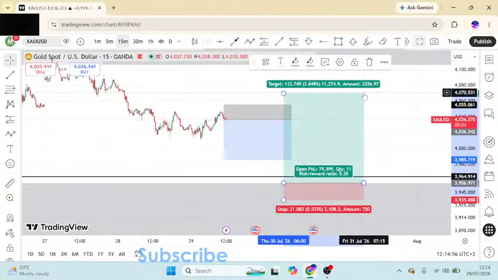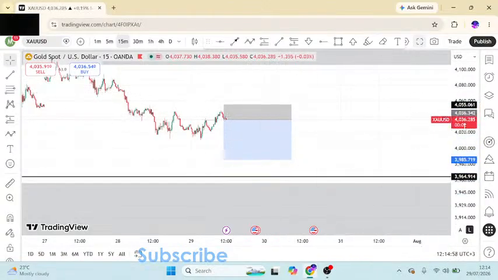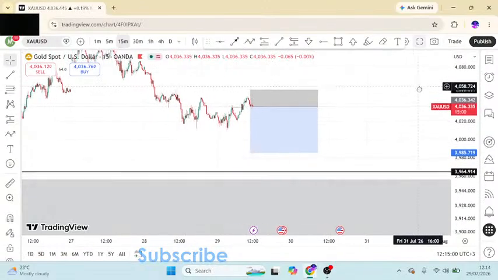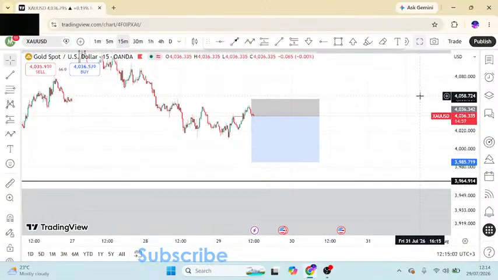We can first remove this. Let's first target our stuff. Let me see on my phone if I can do something. So let's close this trade here. So let me enter with you guys again now.